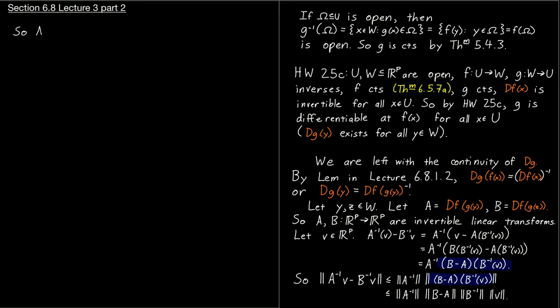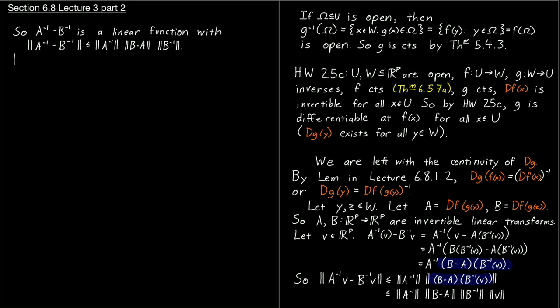So A inverse minus B inverse is a linear transformation, and we can write down an estimate on its norm: A inverse minus B inverse, less than or equal to the norm of A inverse times the norm of B minus A times the norm of B inverse. Let's put this all back together.